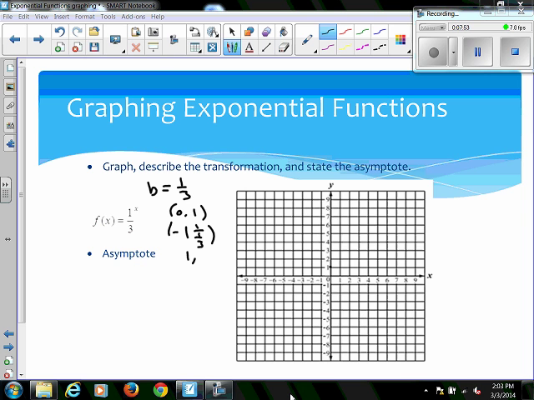So we're going to get (-1, 3). And our third point is 1 and our b, so (1, 1/3). Notice here we're going down. Here we have an exponential decay. If we go back to one of our first slides, we'll see that if b was between 0 and 1, we have an exponential decay.